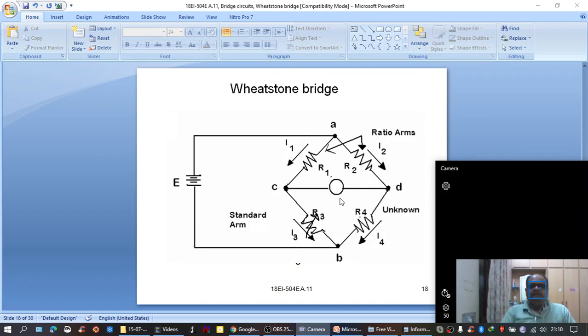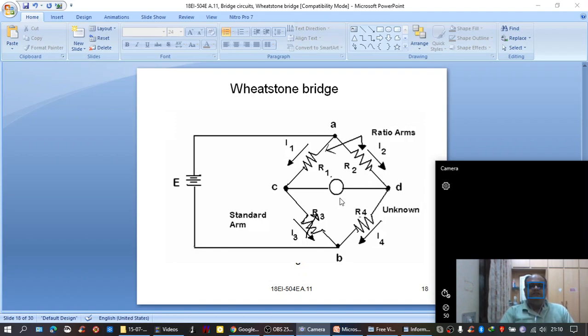On the other hand, when R3 is reduced, if the pointer is moving away from 0, it indicates that the bridge is getting more imbalanced. So instead of reducing the value of R3, we have to increase the value of R3.